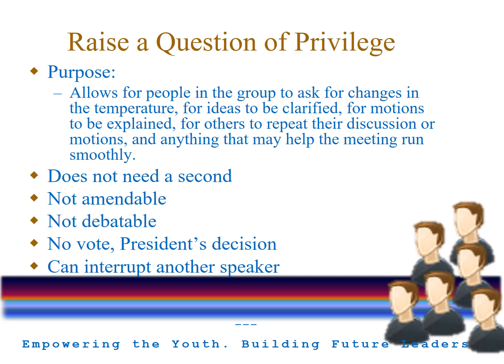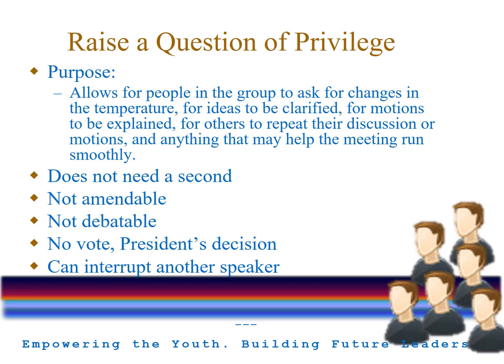Next, raise a question of privilege. This allows for people in the group to ask for changes in the temperature, for ideas to be clarified, for motions to be explained, for others to repeat their discussion or motions, and anything that may help the meeting run smoothly.